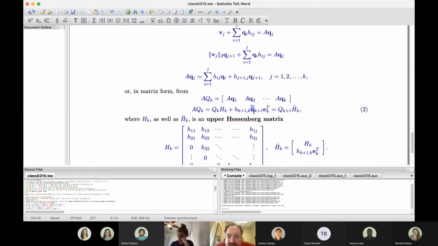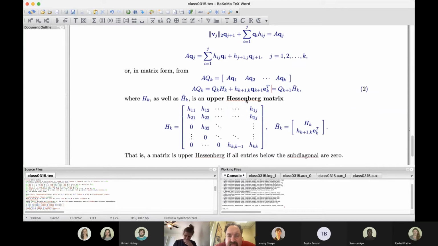It doesn't include q_{k+1}. So this term only affects the last column of its matrix equation. That's why I have an e_k transpose here. e_k transpose is a row vector of all zeros except for 1 in the kth position. So this expression right here sits in column k of this matrix. So this is a matrix. It's an outer product. This matrix is all zeros except for this sitting in the last column, because of the 1 that we have here in the last position. Okay.